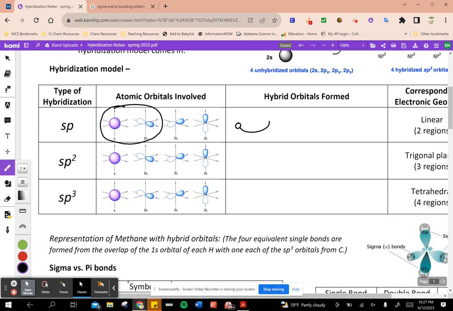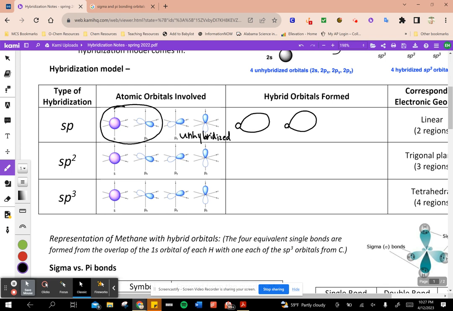The new hybrid orbitals look somewhat like an s, somewhat like a p. They're big and balloony like the s, but they've also got that two-half peanut shape like the p orbital. And then what gets left behind are two p orbitals that are unhybridized. These are the ones right here at the end. These are unhybridized orbitals. All right.